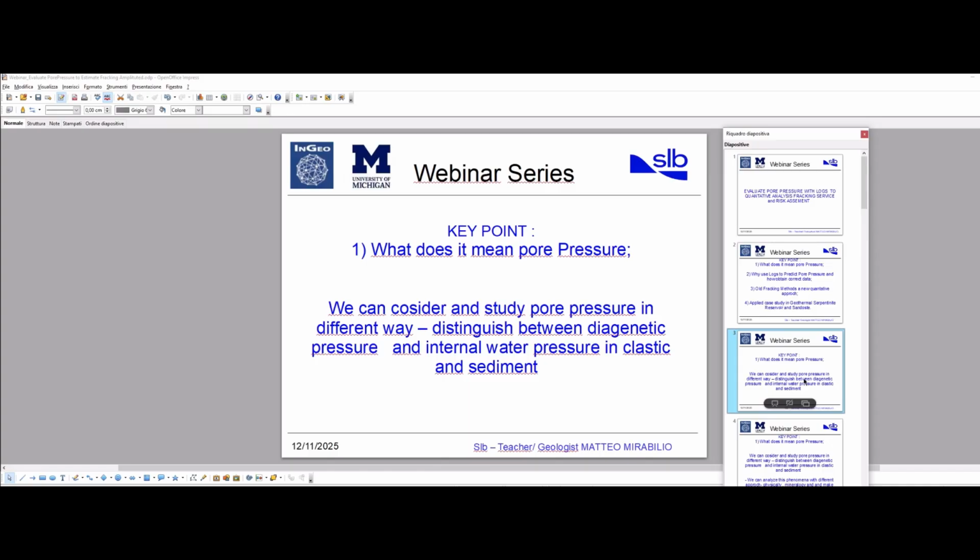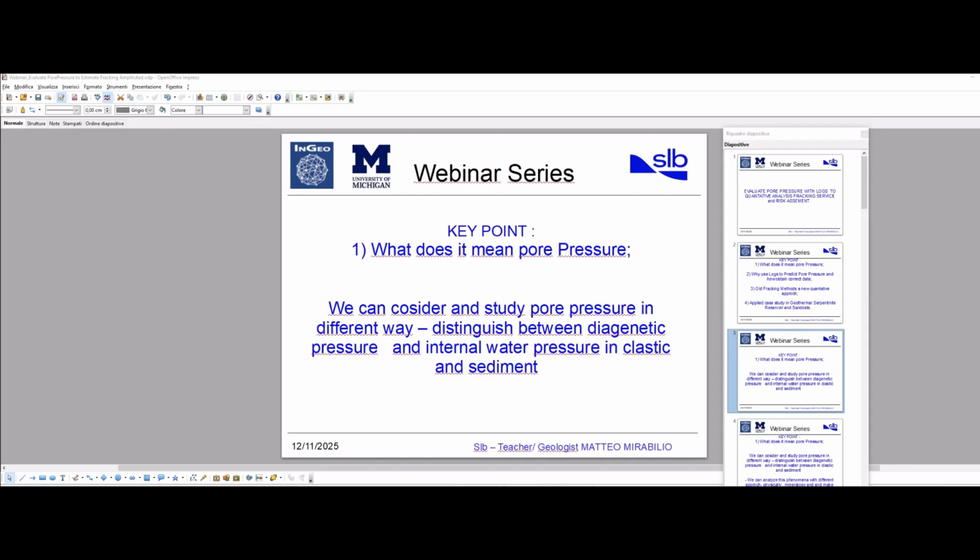We can study pore pressure in different ways. Distinguish, for example, between the diagenetic pressure and the internal water pressure in clastic sediments. You can see also another image showing that the pressure was recorded in sediment.